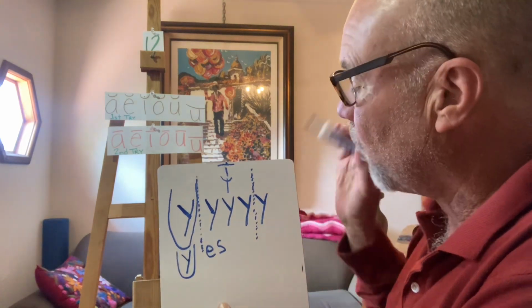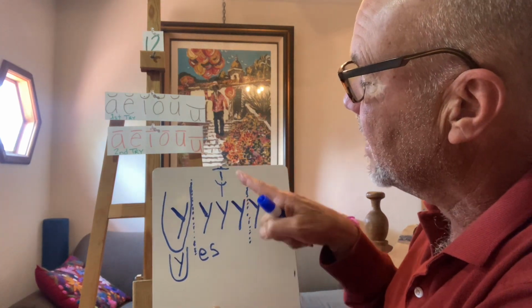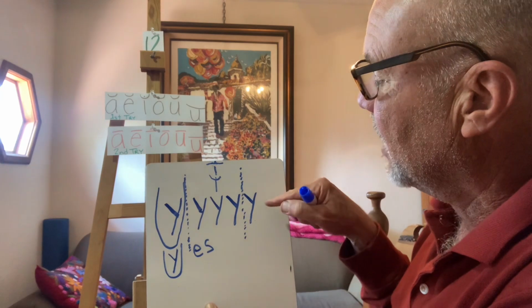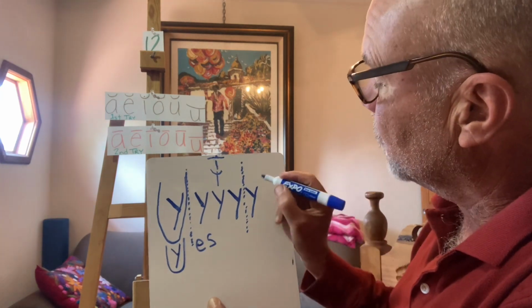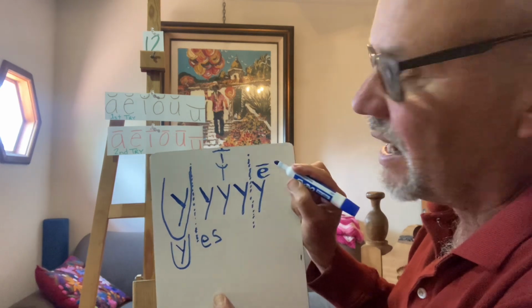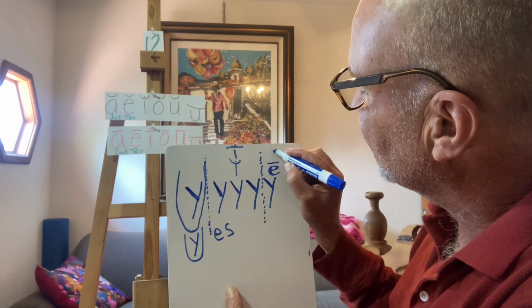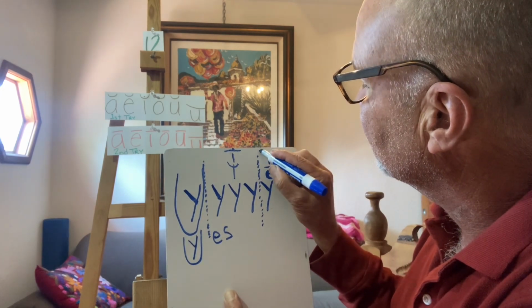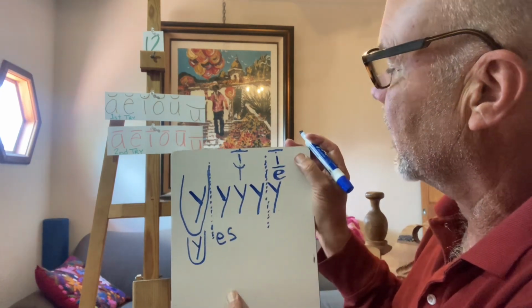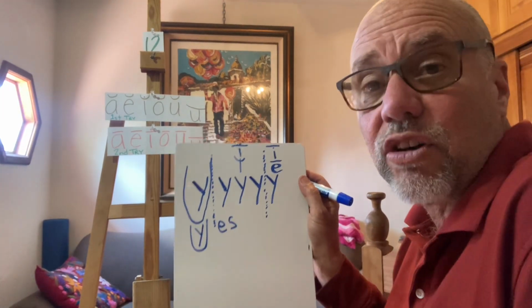I. So Y inside a word, anywhere inside, first try I, second try I. Y at the end of a word, first try E, as in baby, crazy. Second try I, as in my and multiply, right? Okay, so that's all there is to know about Y.